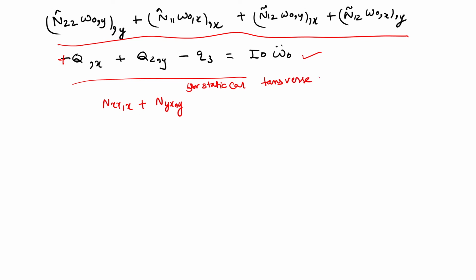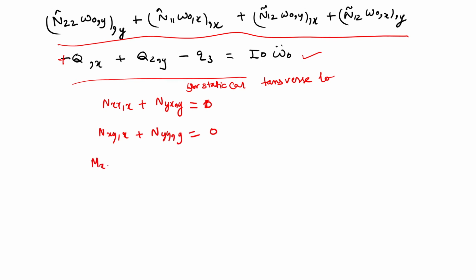Generally most of the books consider only a plate under transverse loading, the bending case, then it will be 0, and nxy comma x plus nyy comma y is going to be 0.